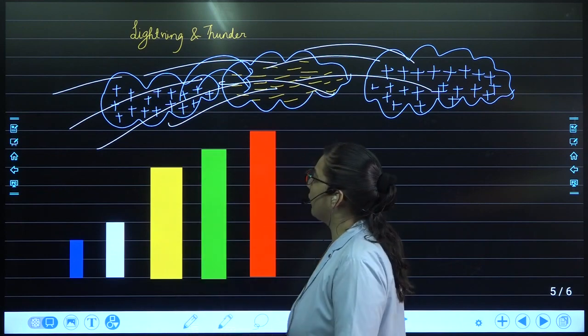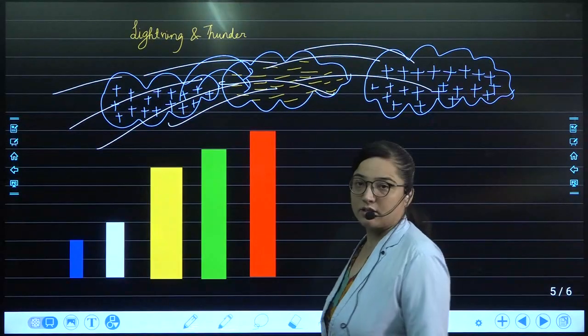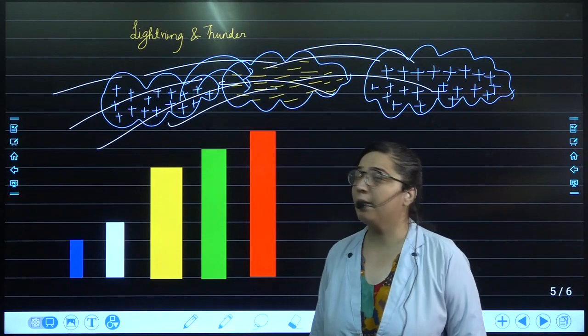Now during lightning what will happen? Which one is the tallest? This one, the red one. So what will happen?